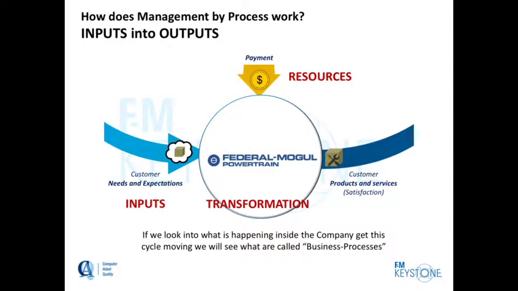We have a transformation, so it means that the company will do some things to transform these inputs into products and services, which are the outputs on the right. This is called the process approach basic concept. We receive inputs, and use resources to transform them into outputs.